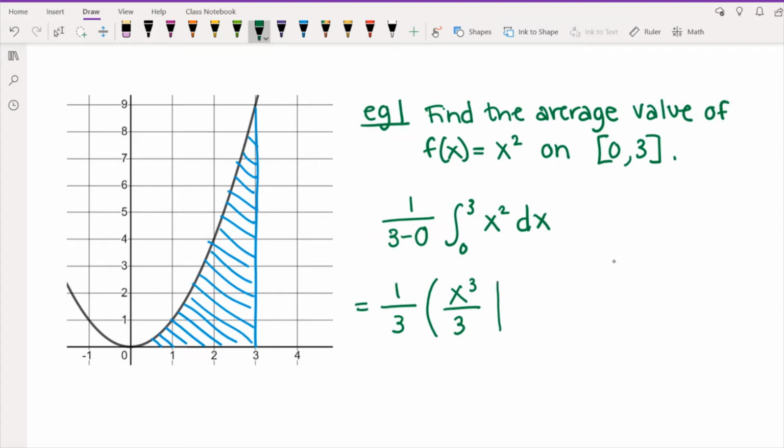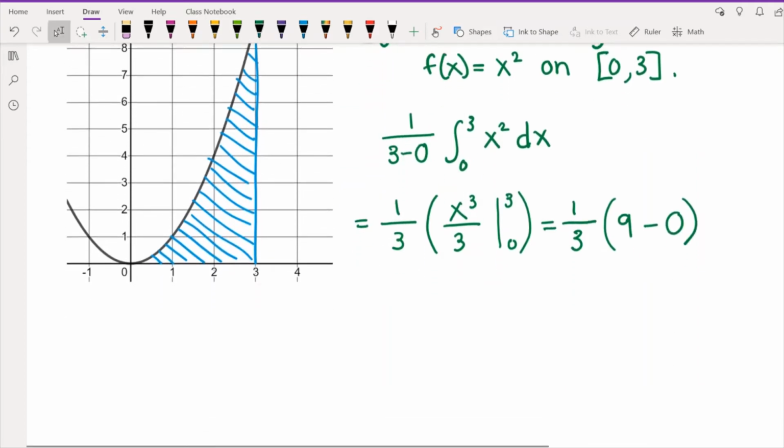Then we're evaluating at 3 and at 0. So we get 1/3 times, if we plug in 3, we get 27 over 3, which is 9. And if we plug in 0, we just get 0. Overall, we get 1/3 of 9, which is 3. So that is our average value.